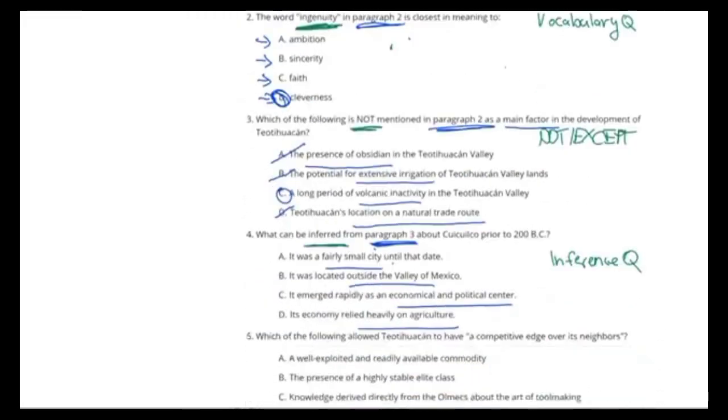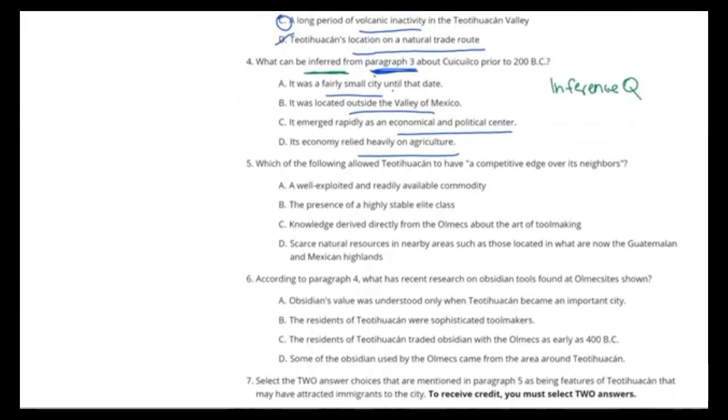Let's go back to the answers. Now guys, think about that. What can be inferred from paragraph 3 about Quiquilco? The text says that Quiquilco was seriously affected by a volcanic eruption and much of its agricultural land was covered by lava. So we can infer that Quiquilco's economy relied heavily on agriculture. So D is the correct answer. Why is that?